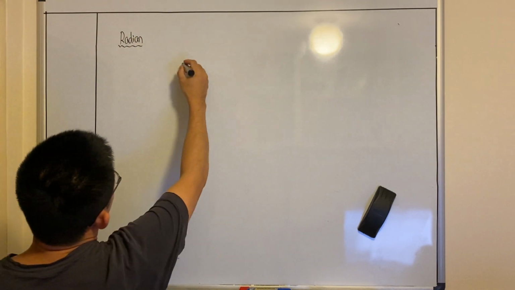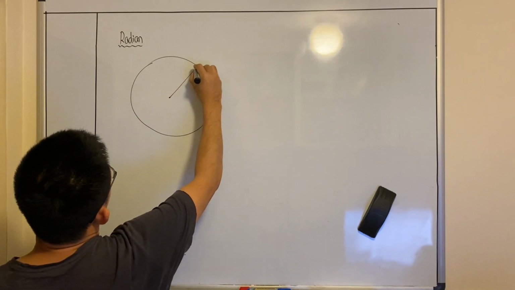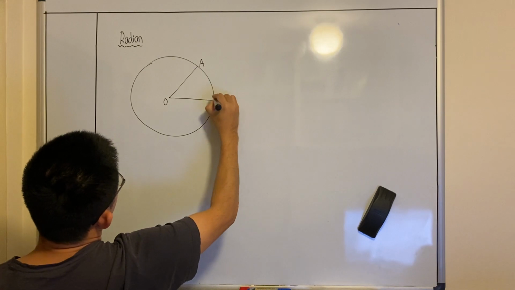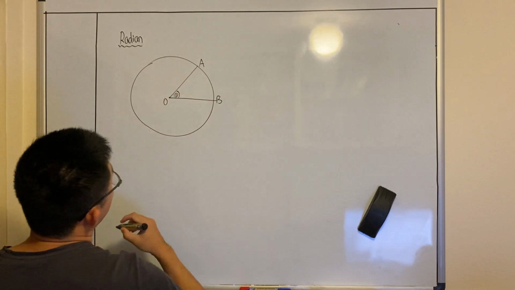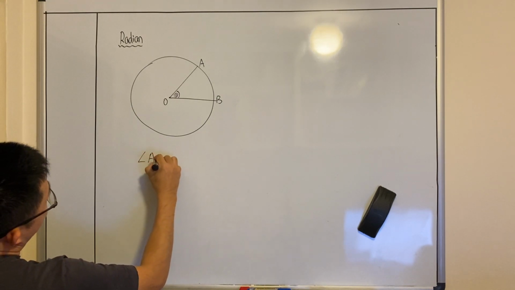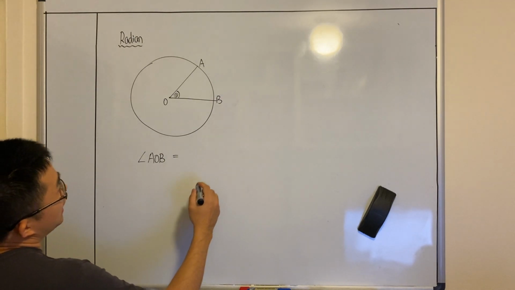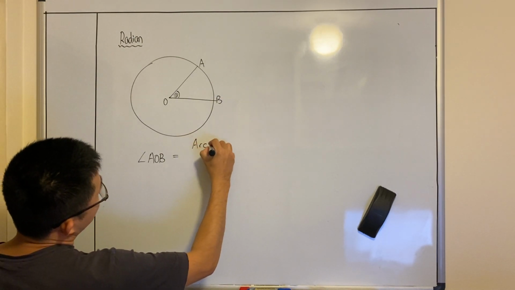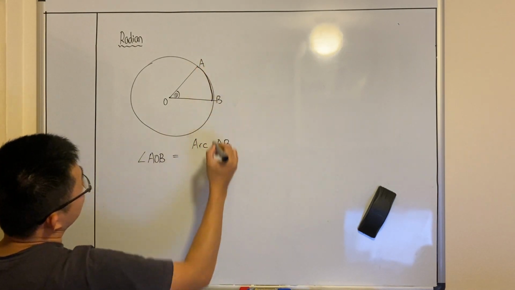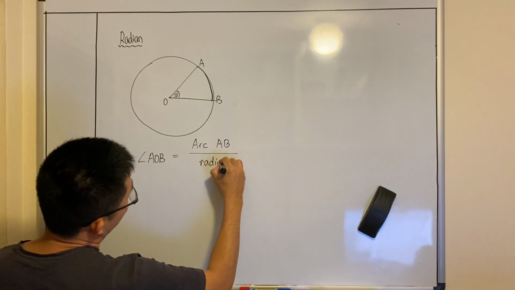Alright, so say for example we've got a circle and we're looking at the size of angle AOB, this angle here. With radian measure, the size of angle AOB is equal to the ratio of the length of arc AB, which is the distance here, divided by the radius of the circle, right?